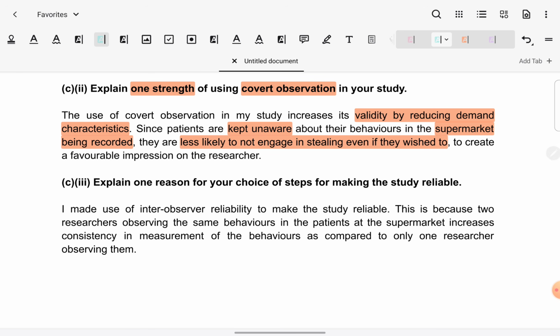And then finally, they've asked for one reason for choice of steps for making the study reliable. Number of things we have done to make the study reliable. For a 2 marker, one reason. We can't cover everything for sure. So any one feature we can take which increases reliability. Now in the study itself, I had mentioned standardization, how that increases reliability.